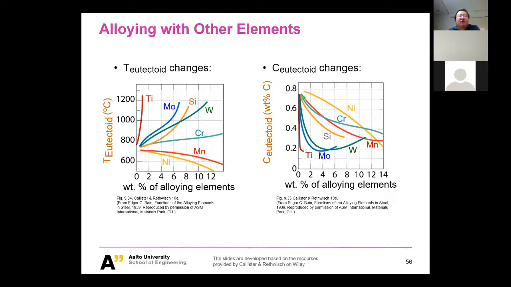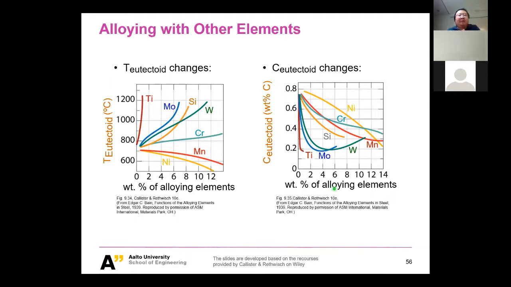If you just look at the titanium again here, you add a little bit, the eutectoid composition will change from 0.76% of carbon, decrease significantly to even 0.2%. Yeah. So this is something for you to know. You don't need to memorize all this.